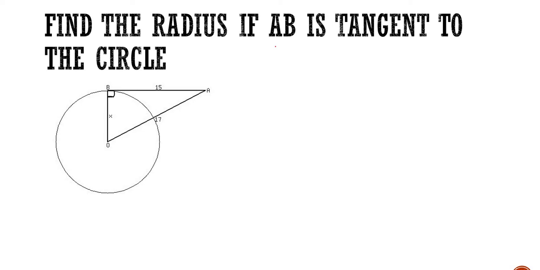Right now, let's look at this. Find the radius if AB is tangent to the circle. So AB is tangent. My radius is OB, or my unknown x. Because of that, I know this is a right angle, and I can use my Pythagorean theorem.